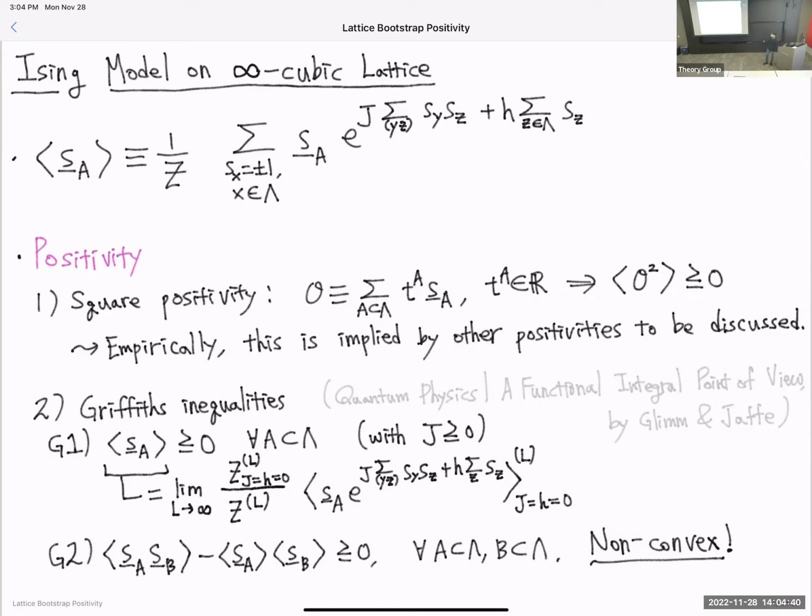The second Griffiths inequality tells you that the former is greater than or equal to the latter. Notice that this inequality is actually non-convex in the spin correlators. And for that reason, we are not going to impose them when we are imposing all the positivity constraints. But later we are going to see when it backfires on us.